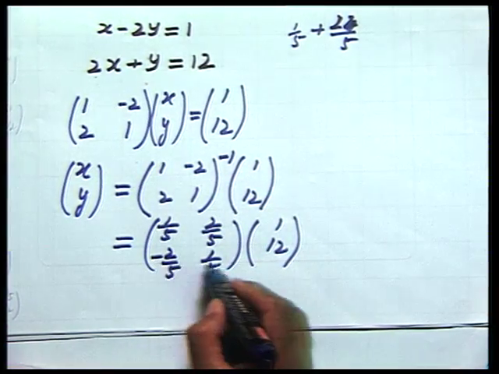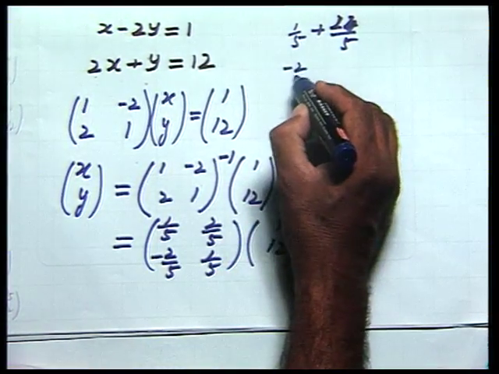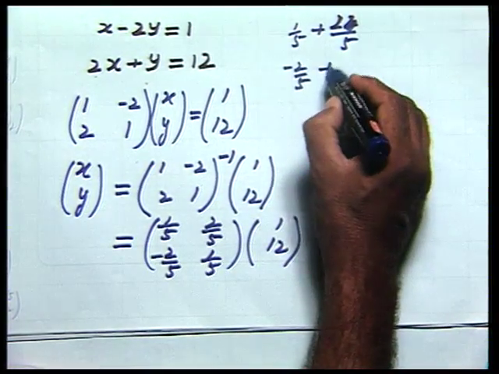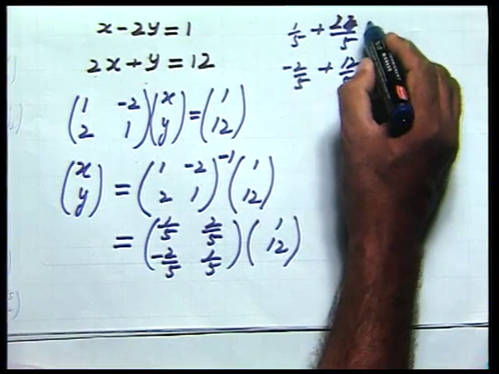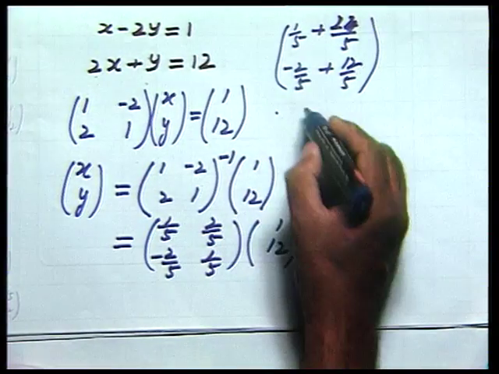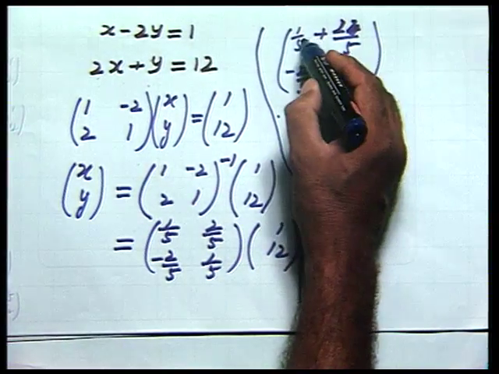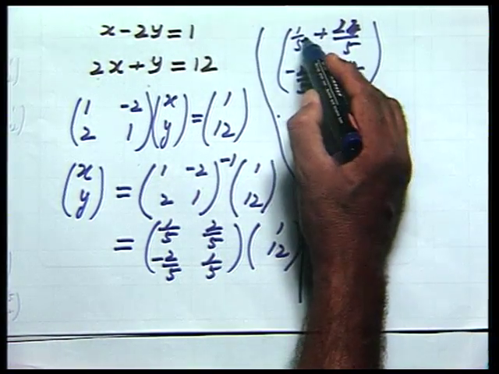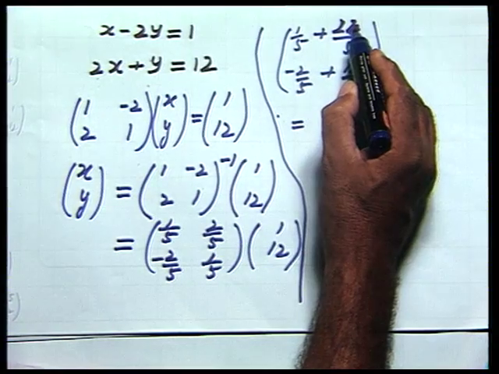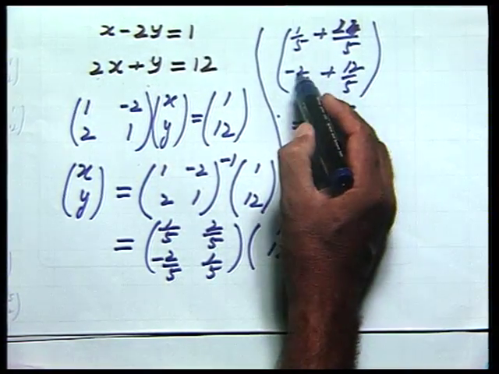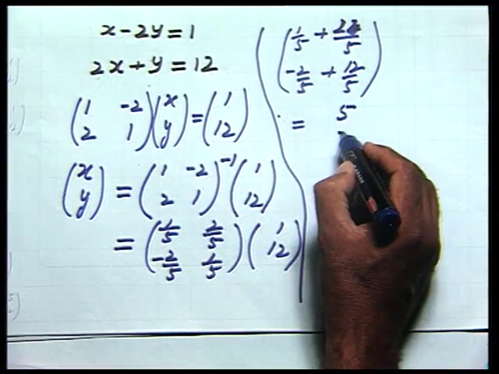And then next, minus 2 by 5 plus 12 by 5, which is equal to, when you work it out, 1 plus 24 is 25, divided by 5, this is 5. 12 minus 2 is 10, divided by 5 is 2.